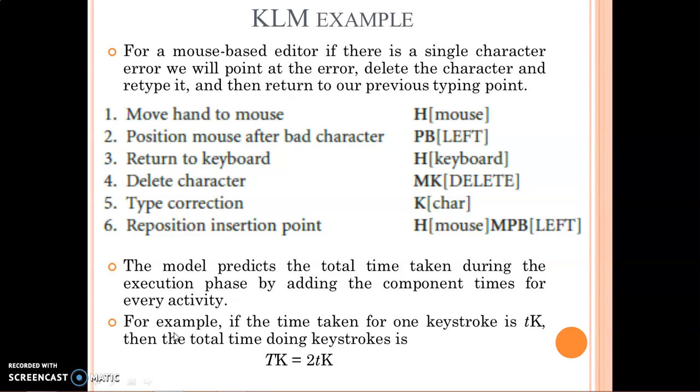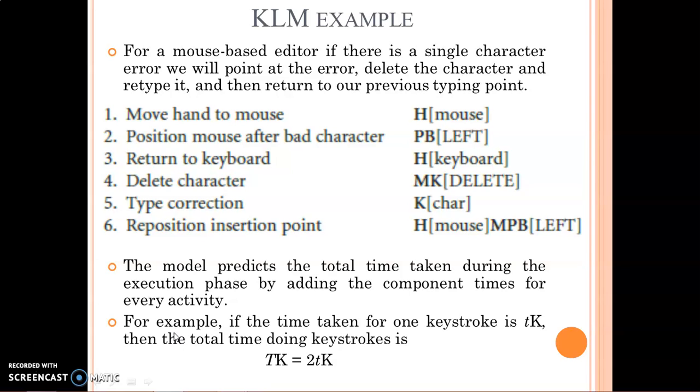The mental operator is probably the most complex part of KLM. The user is assumed to have decided what to do and how to do it. The mental preparation is thus just the slight pauses made as the user recalls what to do next.